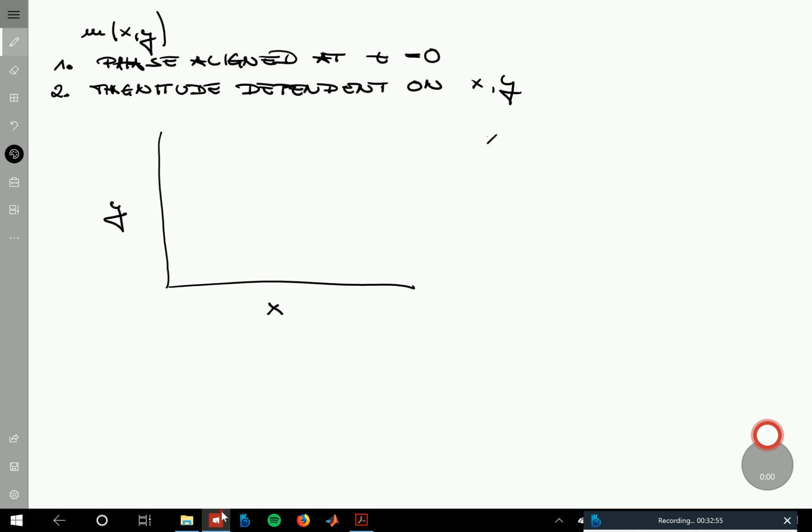We assume that we look at a discrete number of points in the x direction, so I use 2 to the power of 4, so that's 16 points in the x direction and 16 points in the y direction.